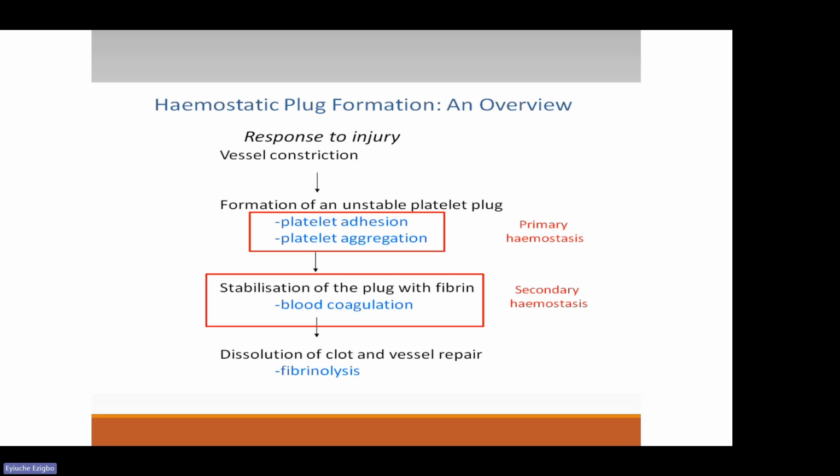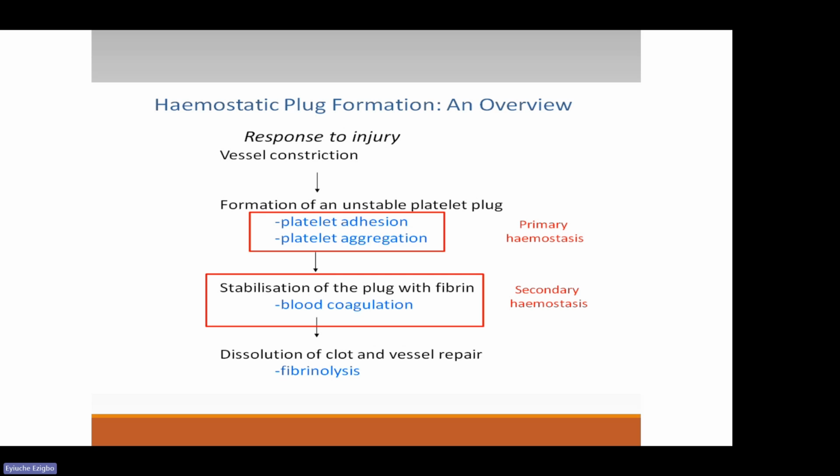And we say that those platelet aggregates are unstable and can easily be pushed away or dislodged by the blood flowing inside the blood vessels. So there is need for the platelet plugs to be solidified.